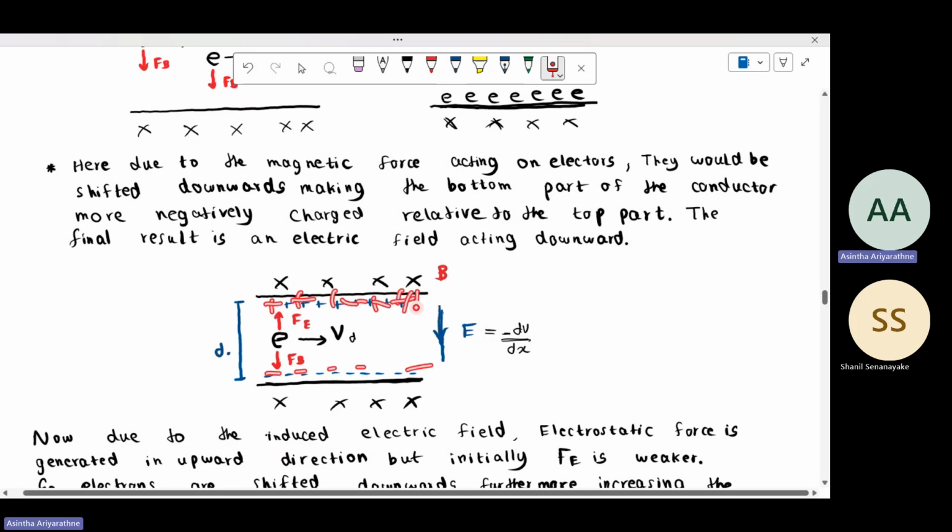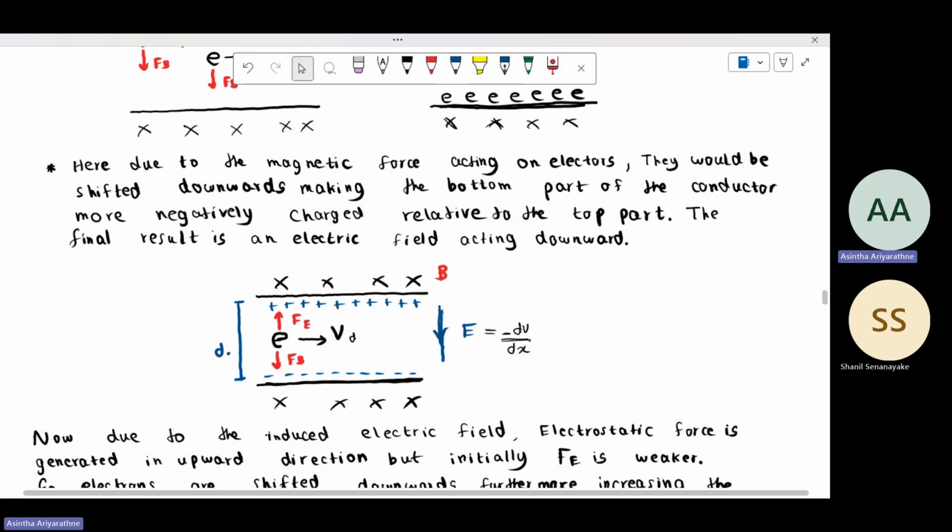In electric field terms, this is similar to two parallel plates. A uniform electric field would be induced from the positive terminal to the negative terminal, downward.